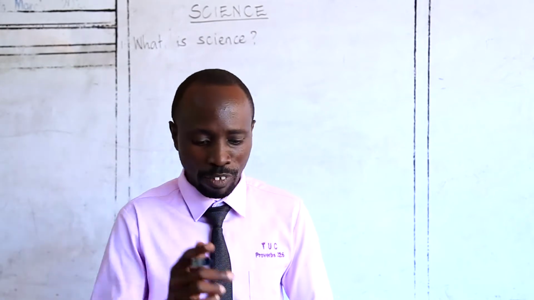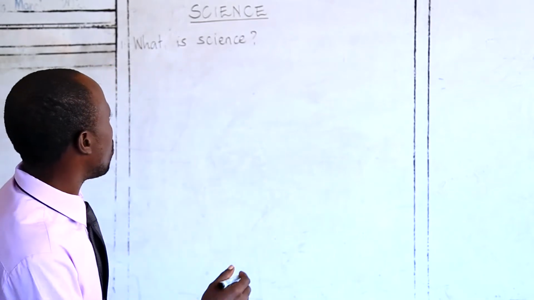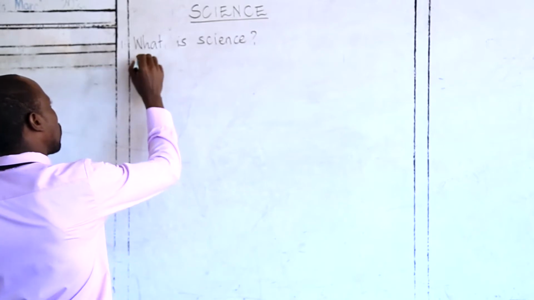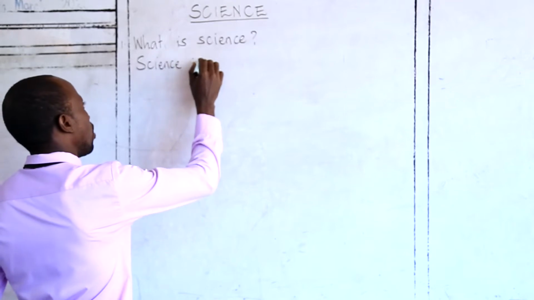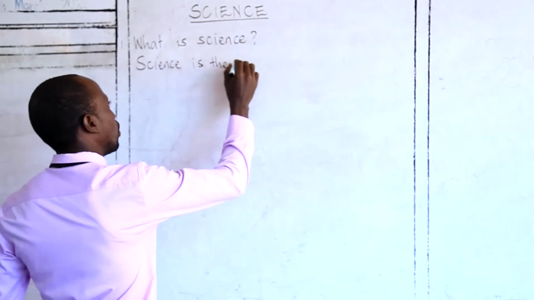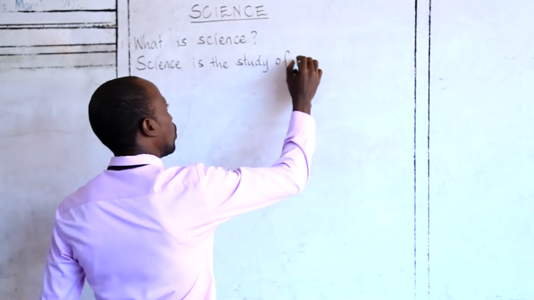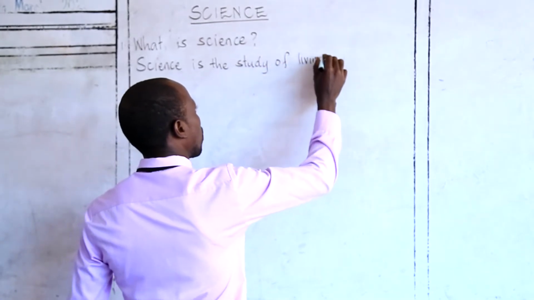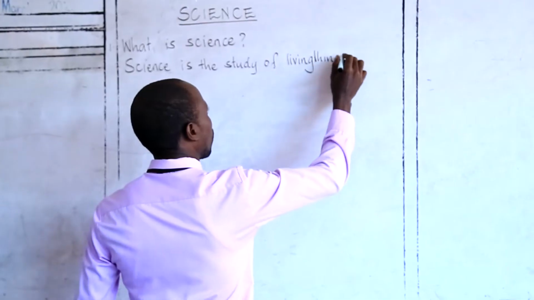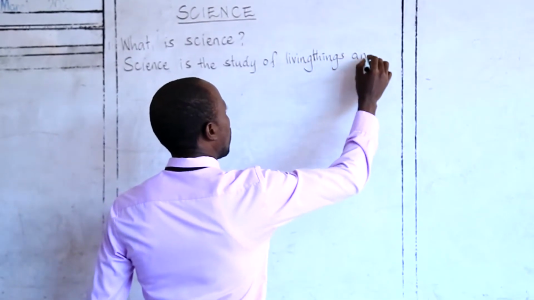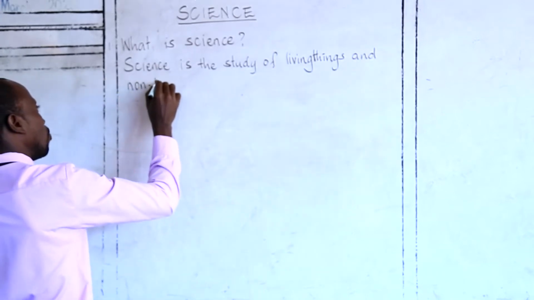Now when we go to the environment, we shall ask ourselves what the environment is. But before, we shall say science is the study of living things and non-living things.